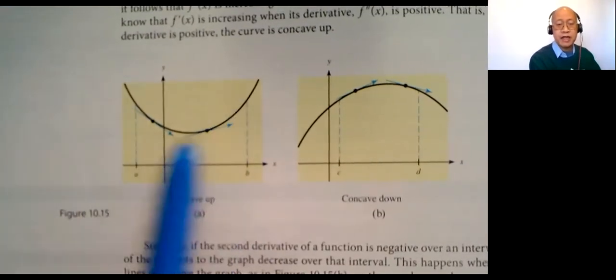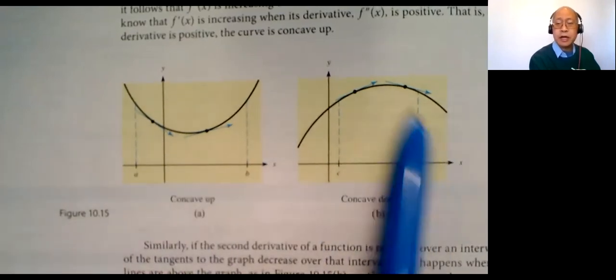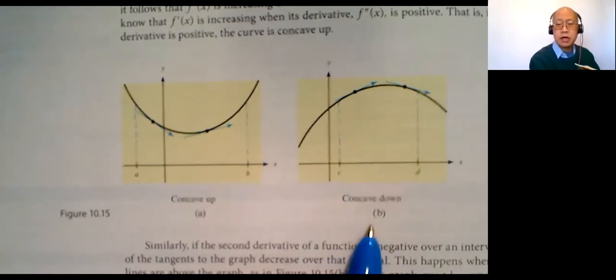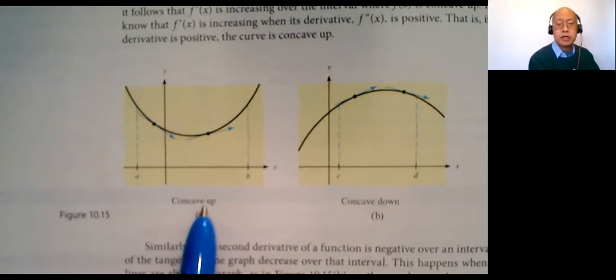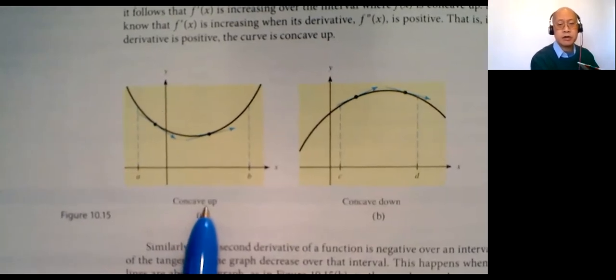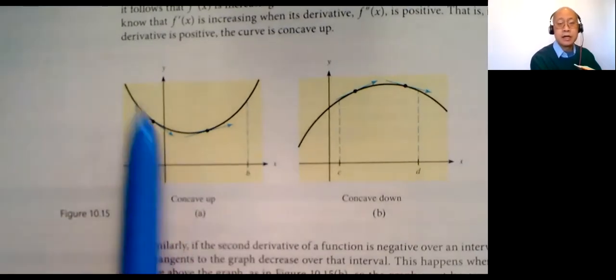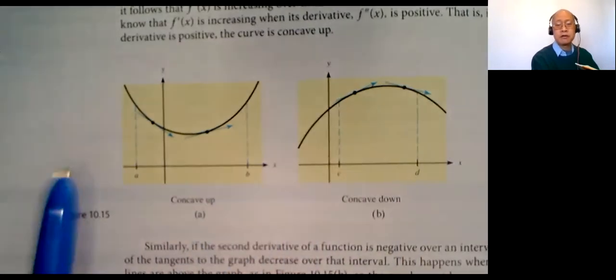Sometimes you think of it as a smiley face. Concave down, upside down U, or maybe a frown type of face. That's called concave down. Easy way to memorize is U for up. You can put this on your cheat sheet or not. I don't think you need to put it on your cheat sheet. Just remember U, right? What does a U look like? Well, it looks like that. So that's concave up. And upside down U, concave down.